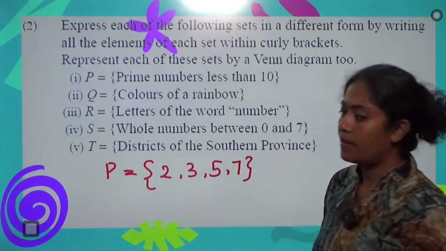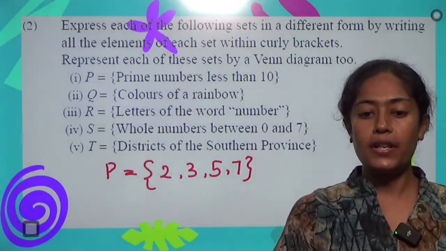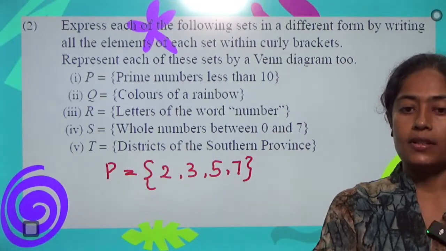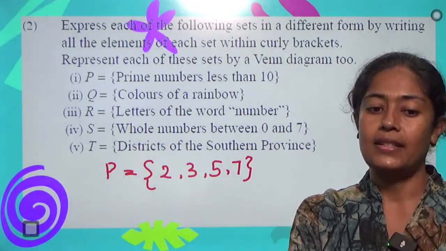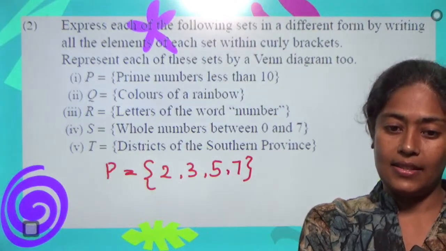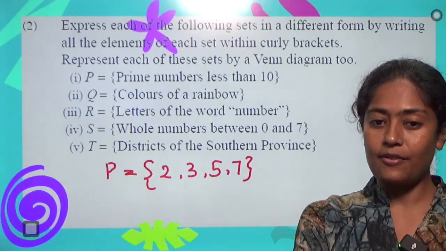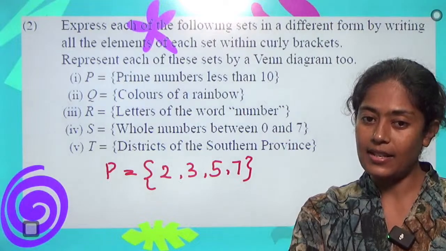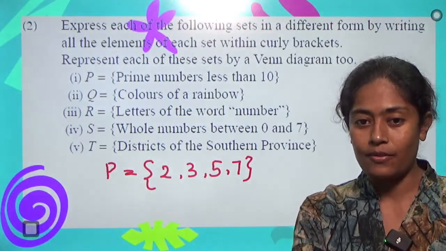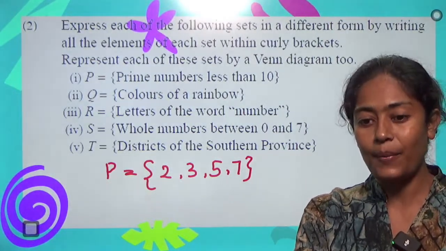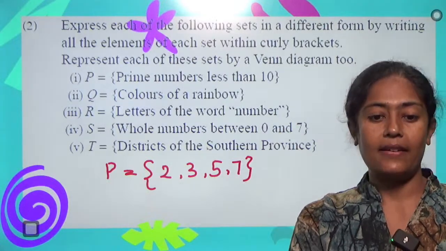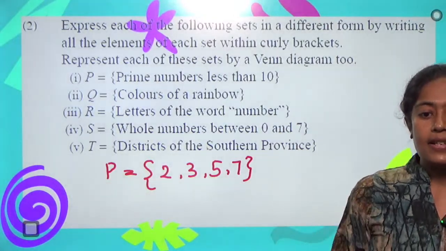Right. Next one. Colors of a rainbow. What are the colors? Red, orange, yellow, green, blue, indigo and violet. Yes, 7 colors are there. So, you have to write within curly brackets those colors. I think you already know. In science also you are learning, no?